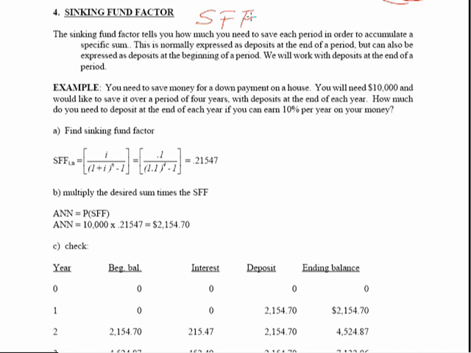The example here, sinking fund factors are very useful in several areas of real estate. One, if we're saving money to replace items on the property. There are several short-lived components of properties. The roof needs to be replaced periodically, carpeting, maybe some appliances.